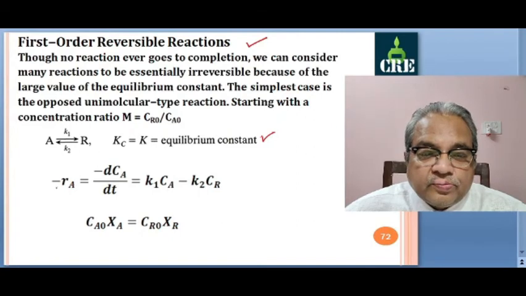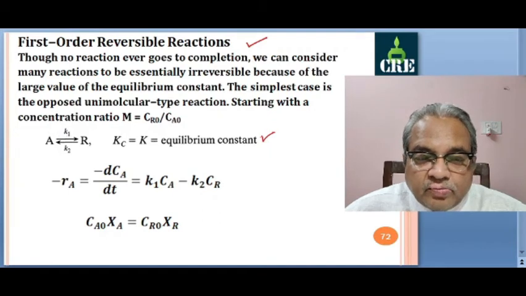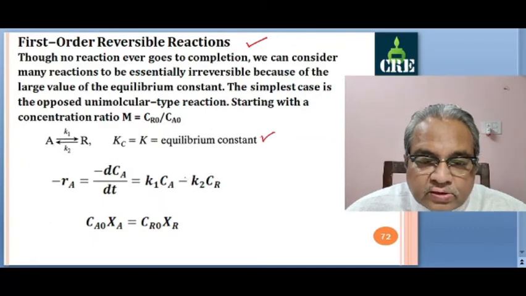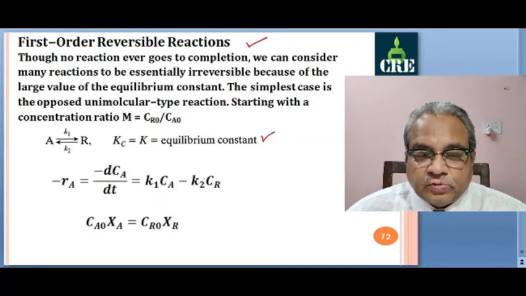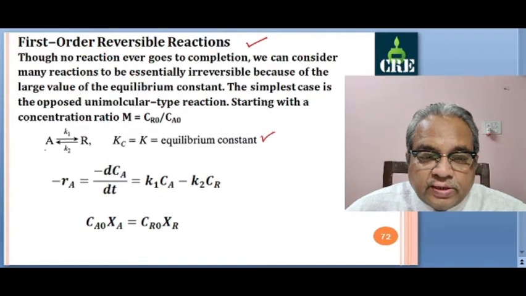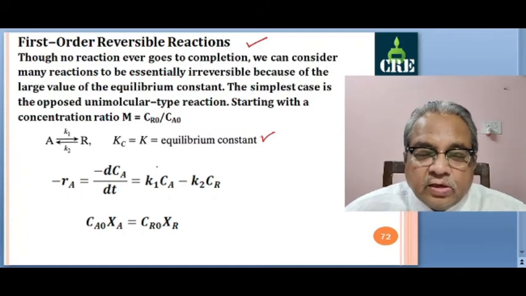So in the model, the rate of disappearance of A, minus dCA by dt, is equal to K1CA, A disappearing by the forward reaction, and A is formed by the reverse reaction, so minus K2CR. We are writing disappearance with the plus sign and formation with the minus sign: K1CA minus K2CR.